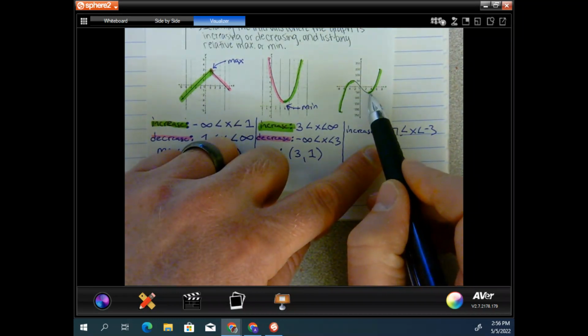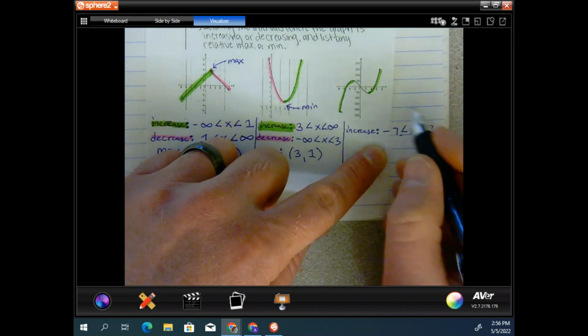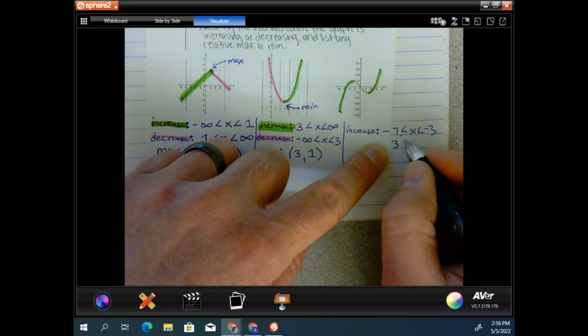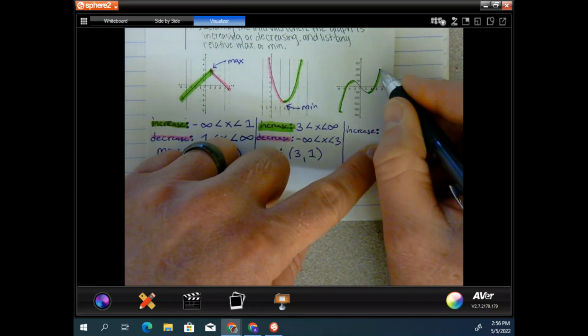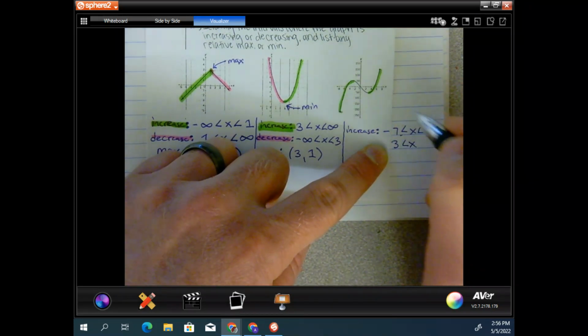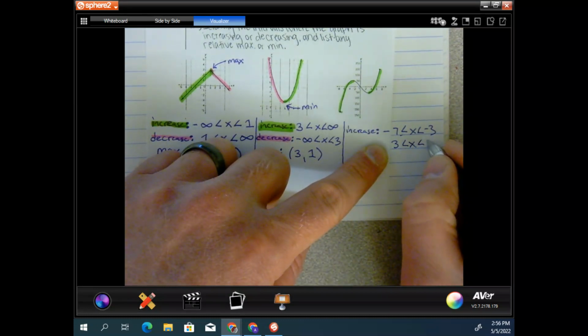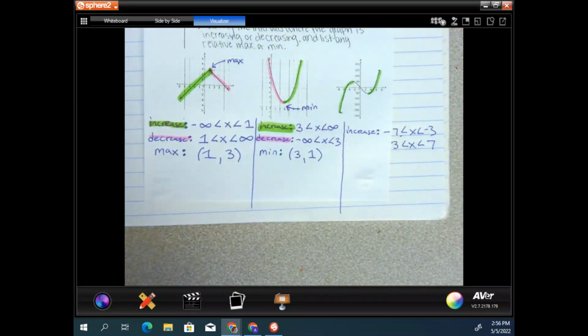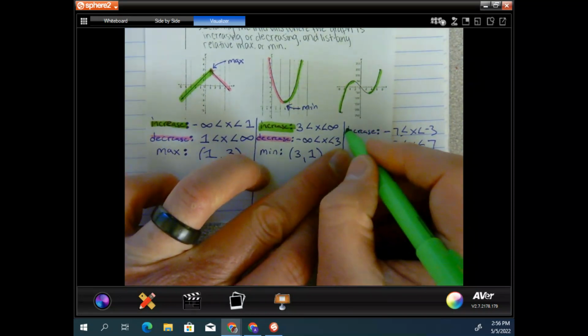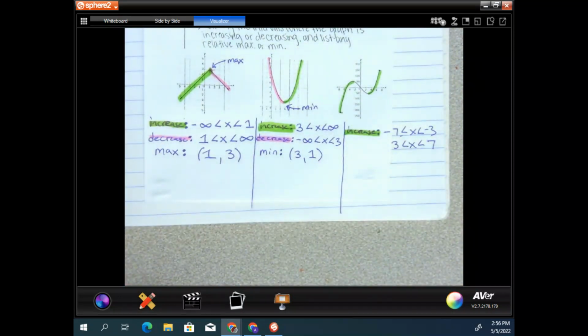Then it starts increasing again at +3, and continues to increase up until 7. So those are the 2 spots on my graph. Remember, you can have multiple spots where it's increasing.